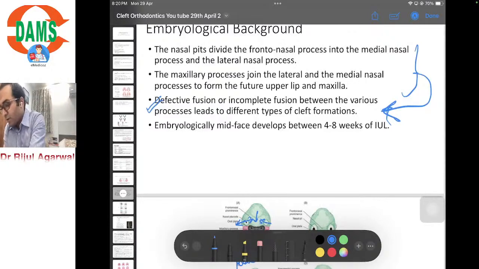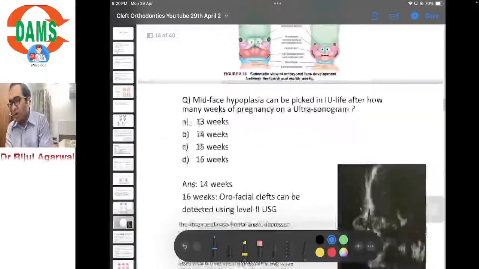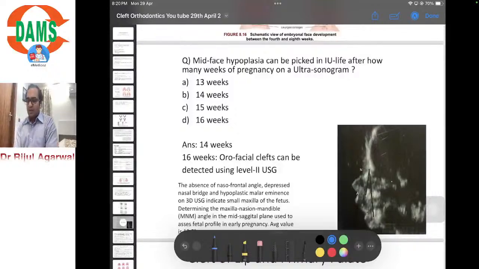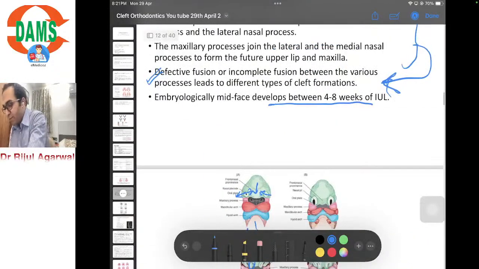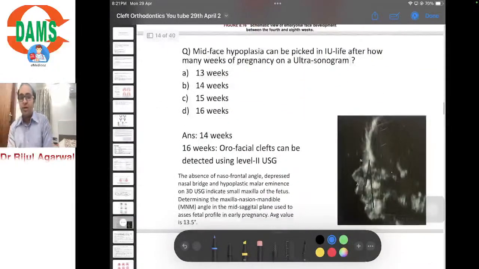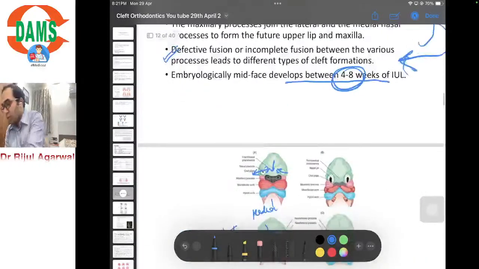So next is this figure, that the midface develops between 4 to 8 weeks of intrauterine life. Okay, so this is the embryological part. Before this I mentioned that the midface embryologically develops between 4 to 8 weeks of intrauterine life. If we have to diagnose prenatally, before birth, midface hypoplasia can be picked up earliest on ultrasonogram at 14 weeks of intrauterine life, not before that, but the formation is initiated from 4 to 8 weeks.